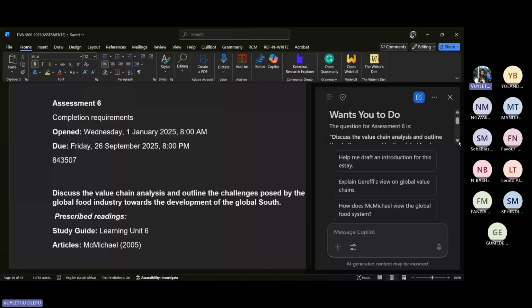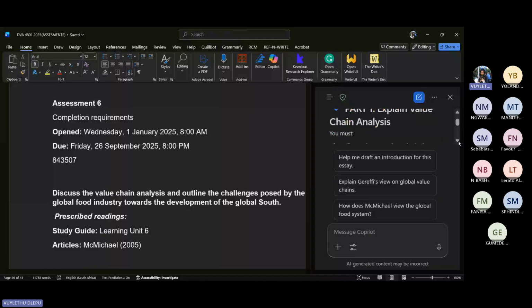Okay, so it says here what assessment 6 wants us to do. Discuss the value chain analysis and challenges posed by the global food industry towards the development of the global south. So this assignment has 2 major parts.